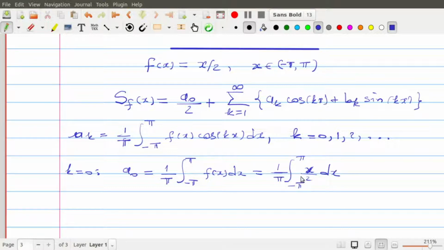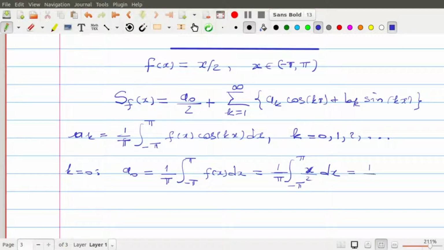And this is 0. Why? Because this function is an odd function integrated over an interval centered at 0. I mean, we can see that the interval has the same distance from the left to the right of 0. So, yeah, it will give us 0, but we can substitute.